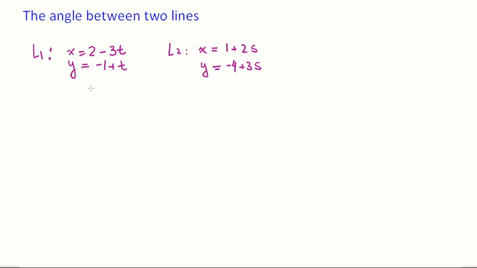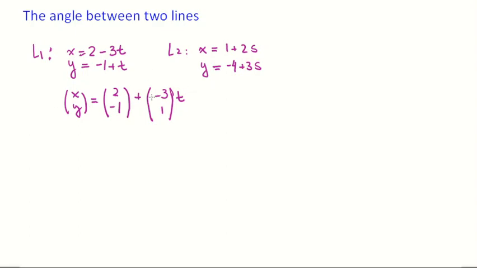So the first thing that we can remember is that we can get back to our vector form. So (x, y) would be (2, -1) plus t times (-3, 1). If we expand those, we get back to the parametric equations.